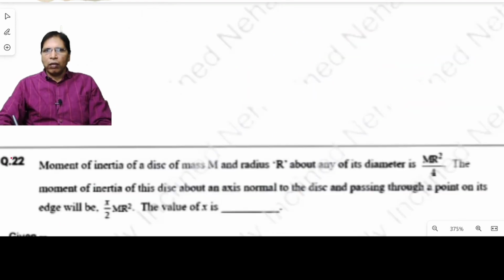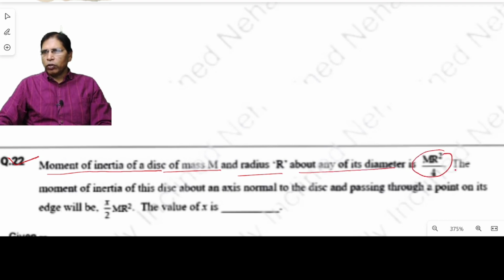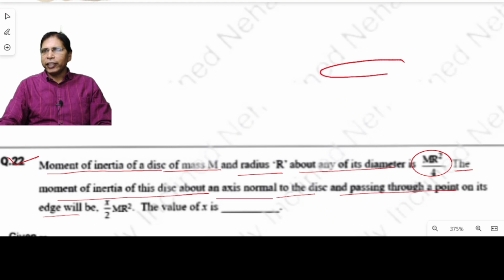Okay. Now question number 22. The moment of inertia of a disk of mass m and radius r about any of its diameter is m r square by 4. The moment of inertia of this disk about its normal to the disk and passing through the point on its edge will be, look at this. This is the disk. You know the moment of inertia about this axis.